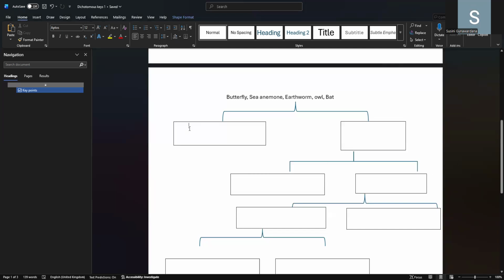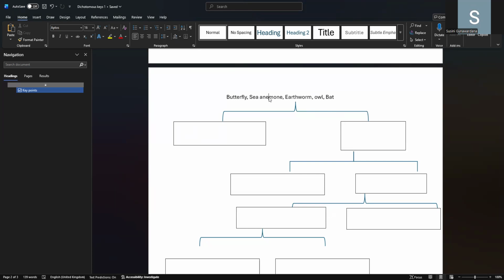First of all, here you can take having wings. If you think about butterfly and bat, they have wings, and also owl has wings. Sea anemone, what is the special characteristic of sea anemone? They cannot move.